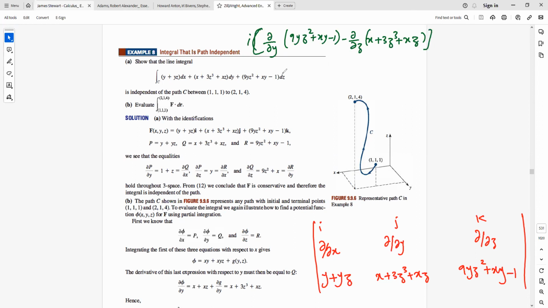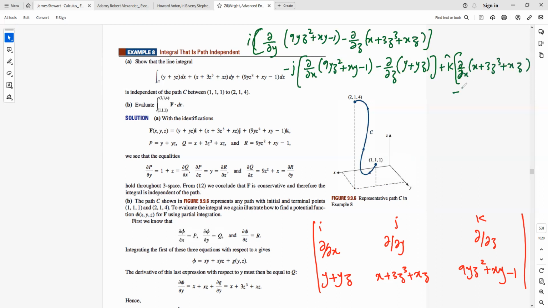And then we have minus j times partial over partial x of 9yz squared plus xy minus 1, minus partial over partial z applied on y plus yz, then plus k times partial over partial x applied to x plus 3z cubed plus xz minus partial over partial y applied to y plus yz.